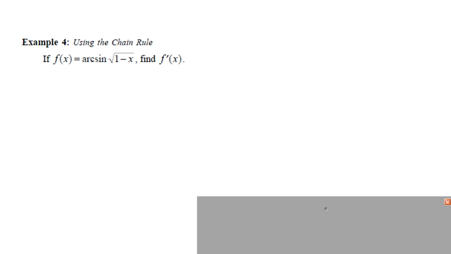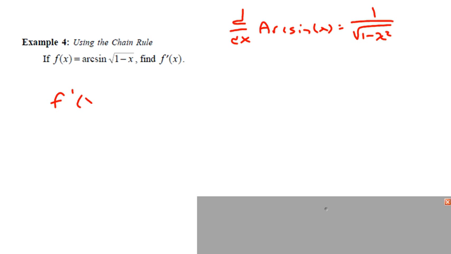Okay, so let's just do some chain rule, some hard problems with arc sine. So we just developed that the derivative of arc sine of x is 1 over the square root of 1 minus x squared. So using the chain rule, the derivative of this would equal 1 over the square root of 1 minus the inside, 1 minus x squared, times the derivative of the inside.